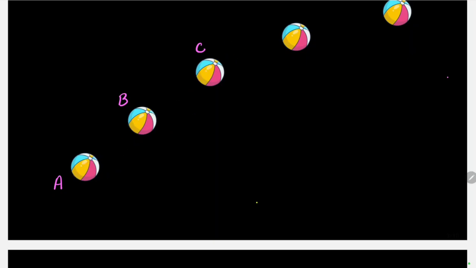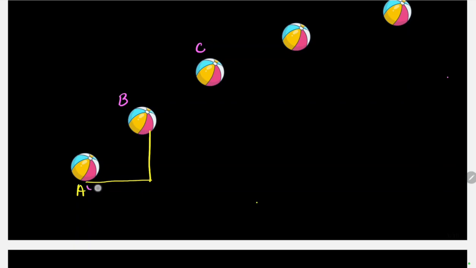Let us compare the positions of the ball after some time. Initially the ball was at position A. Now let us compare position B of the ball from A. You see the ball has moved forward as well as up, right?